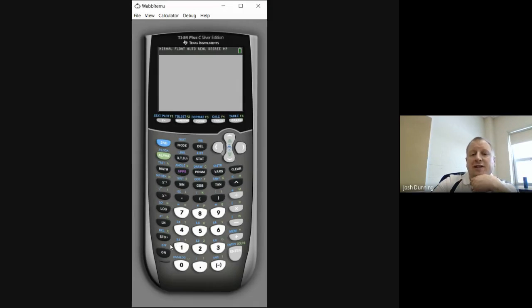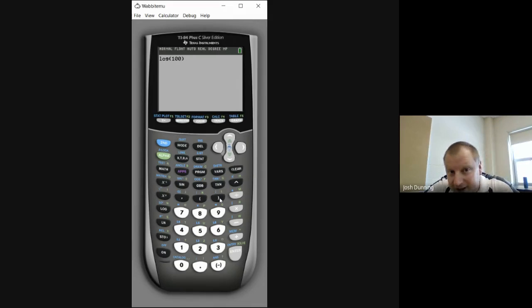Now you notice that there is a log button on the front. And, well, that looks different. There's no base. The log button on the front uses the base of the number system we use. And if you don't remember what that is, base 10.